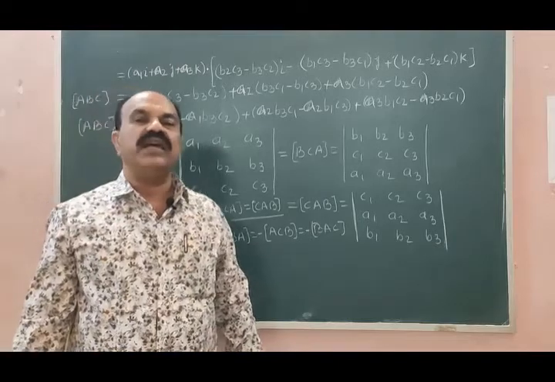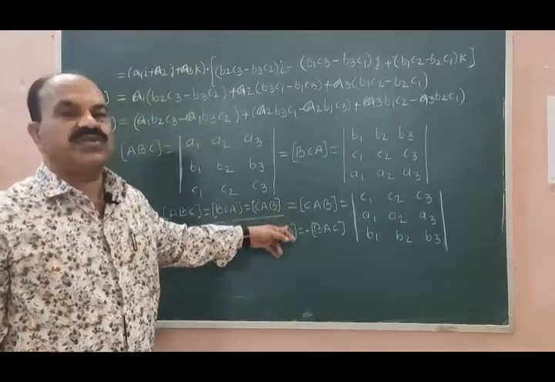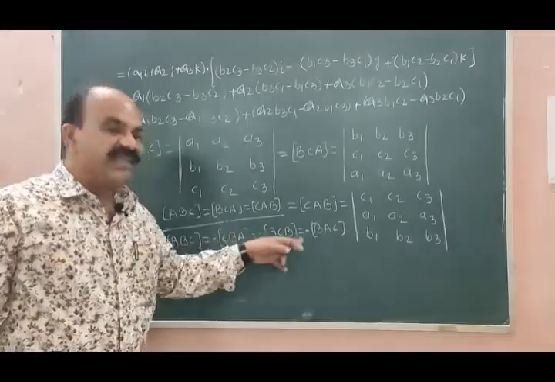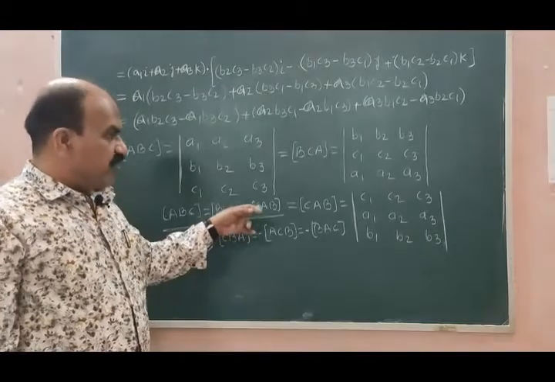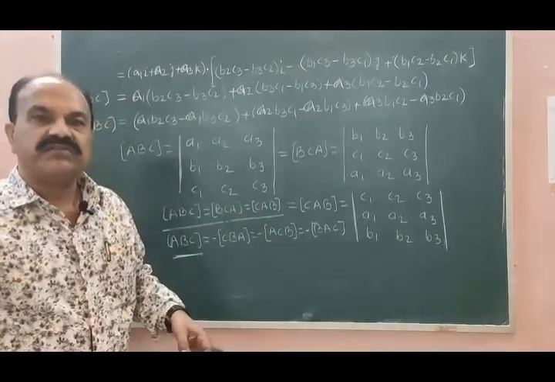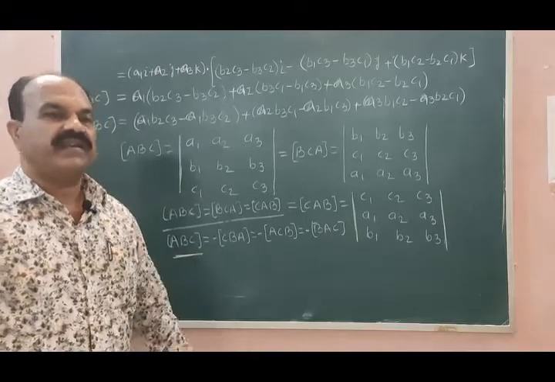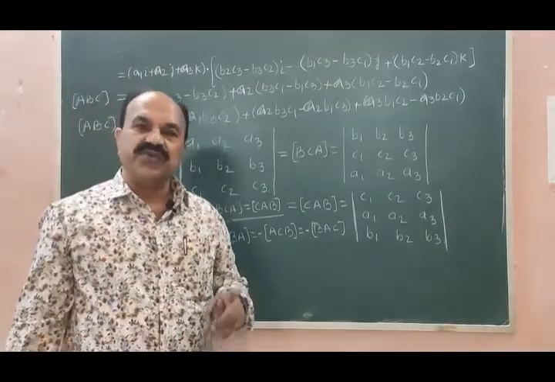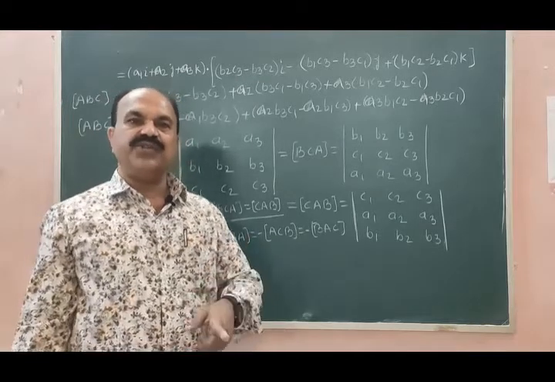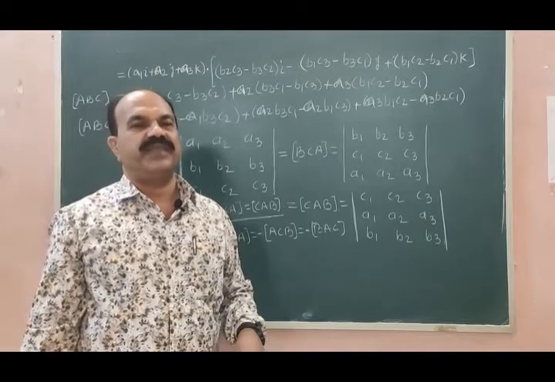So we can take cyclic permutation of the box product or anti-cyclic permutation of the box product. Cyclic permutation of the box product gives the same result with the same sign. Anti-cyclic permutation of the box product gives the same magnitude but different sign.